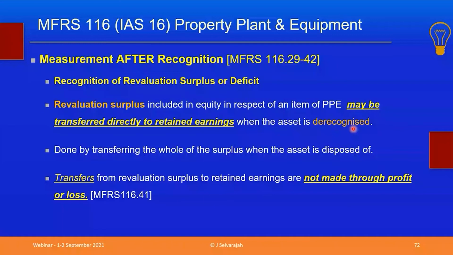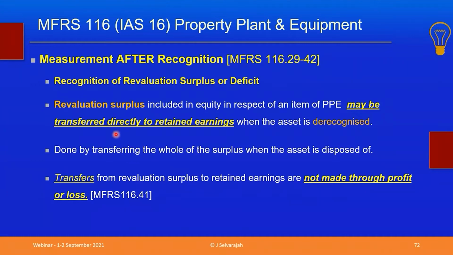Now, when you derecognize, meaning you sold the property, that surplus together with any new surplus you have made will be added and transferred directly into equity. All right, retained earnings. Transferred to retained earnings. It doesn't go through the P&L account and then go to retained earnings. It's direct.